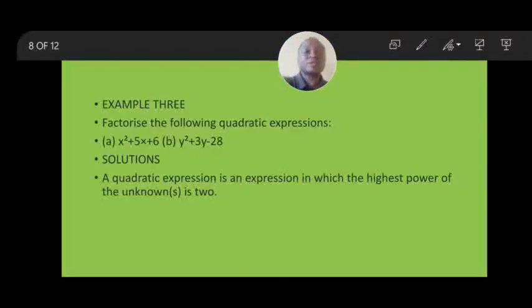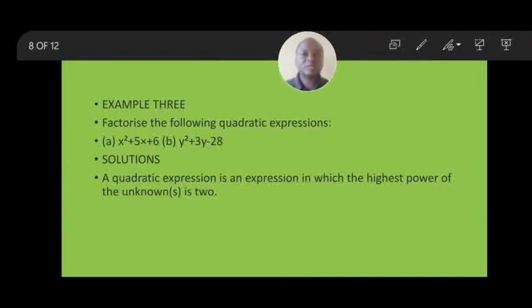Okay, example 3. Factorize the following quadratic expressions. We have a, x squared plus 5x plus 6, b, y squared plus 3y minus 28. Solutions. First and foremost, let's see what a quadratic expression is.